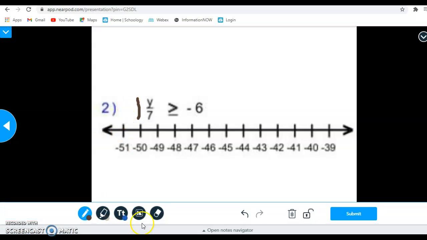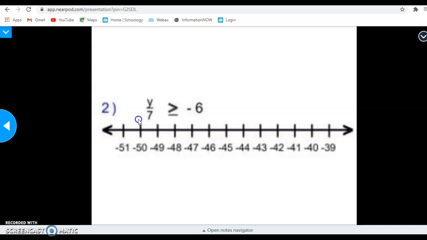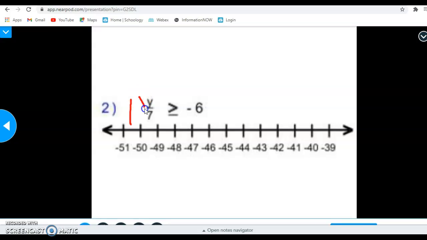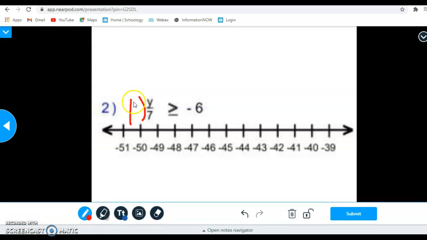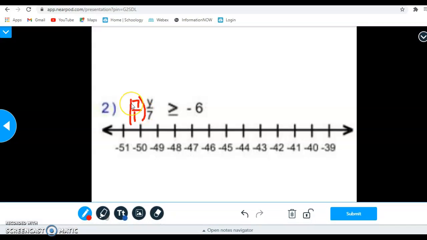So what we're going to do is the opposite. And we know that the opposite of division is multiplication, right? So we have, and we know we have to flip it, 7 over 1. We learned that last week, right?